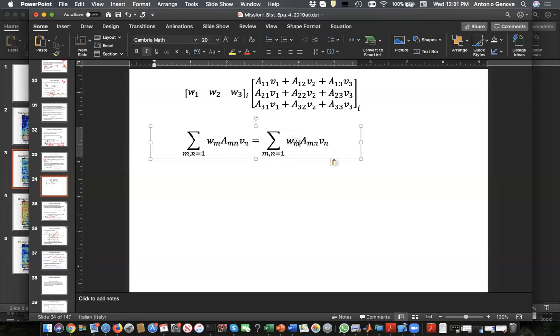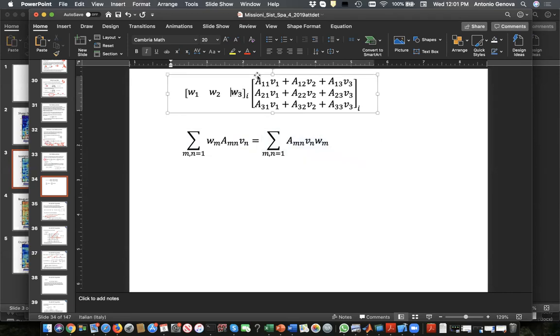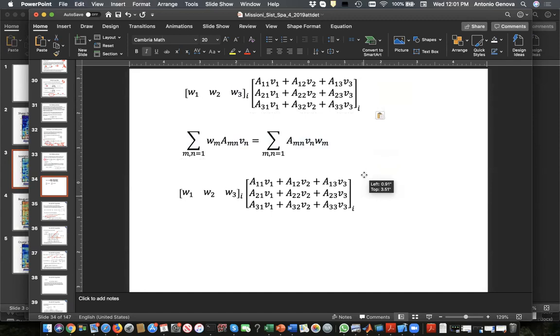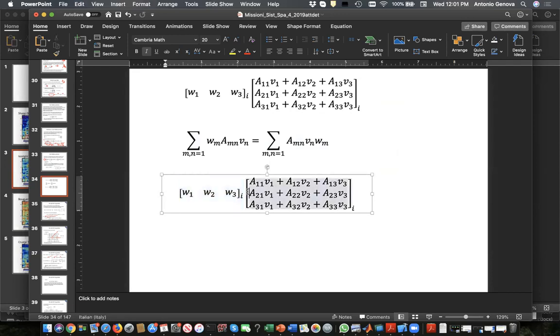So you can basically move this vector here to here. And this simple change gives you the possibility to introduce another matrix, what we call B transpose.